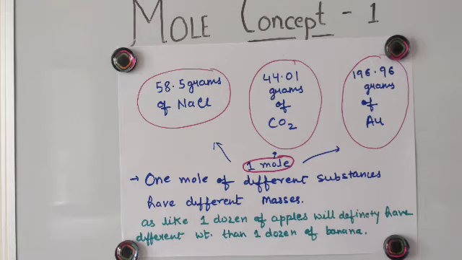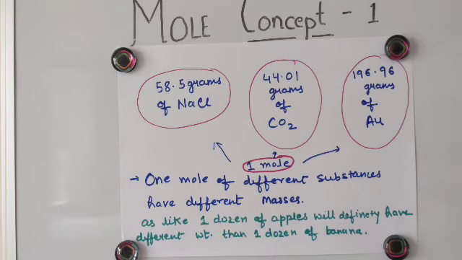So moving forward, we can conclude that 1 mole, with regard to the mass, is equal to gram atomic mass or gram molecular mass. One thing more: 1 mole of different substances have different mass.